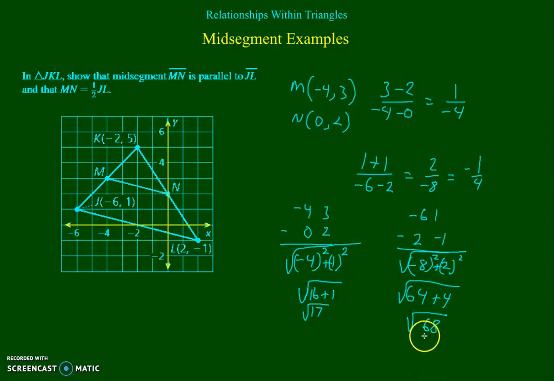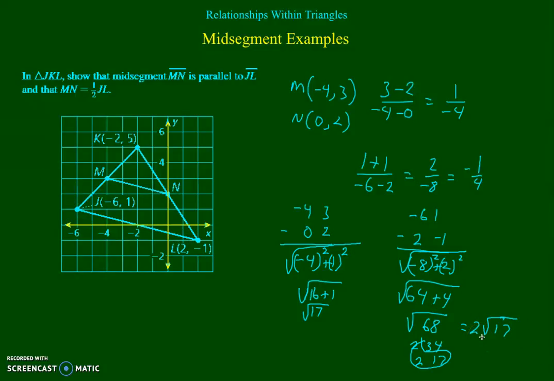Now if we simplify this radical, 2 goes into 68, 34, 2 goes into 34, 17. So these are our prime factors, and so that's the same as 2 square roots of 17. All right, and so because this is half of that, in other words, this is twice that, clearly this segment, MN, which is square root of 17, is 1/2 JL, which is 2 square roots of 17.